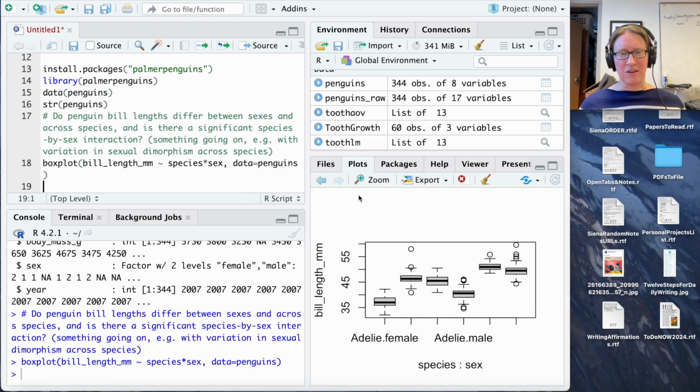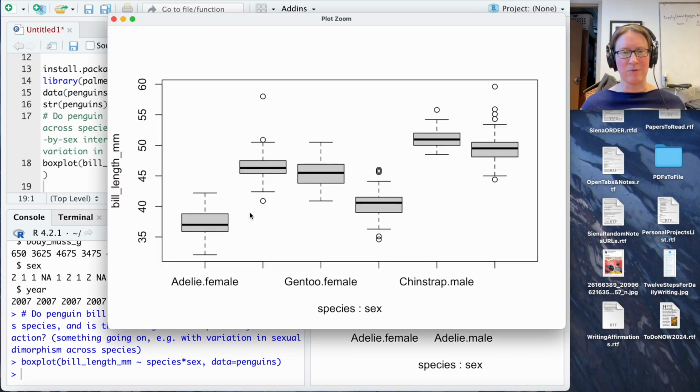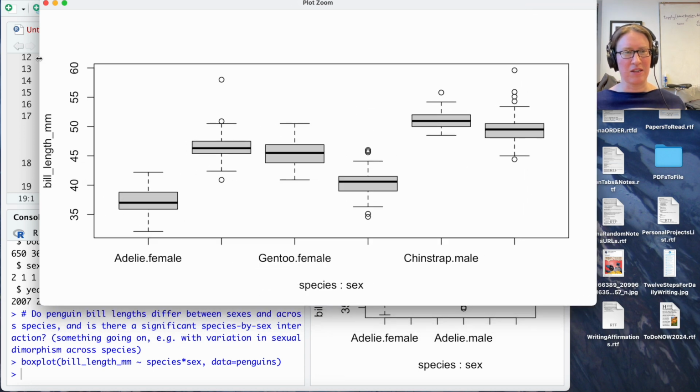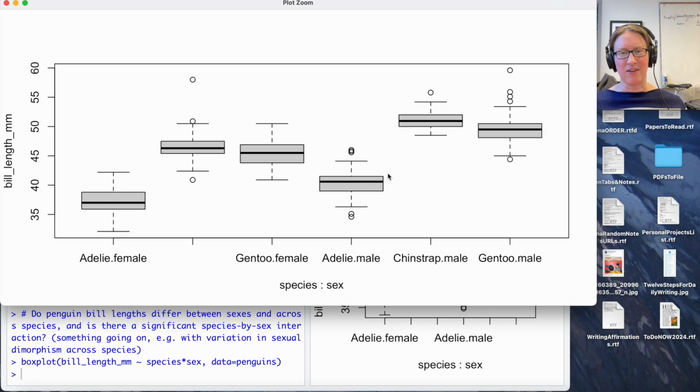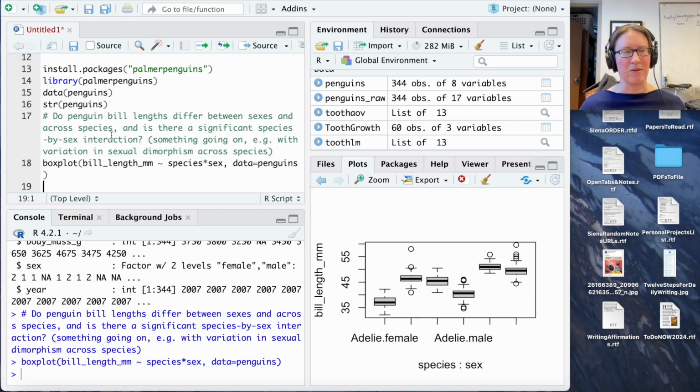All right, so again, if we zoom in on this plot, right here are our 3 penguin species, and we have to fuss around a little bit with our x-axis labels to see everything, but we've got our 3 species, all the females, and across our 3 species, the males, right? If you play around with the order of these variables, that might be a little more straightforward to evaluate, right? But we can see there's some differences in variation in bill length across the categories that we're evaluating.